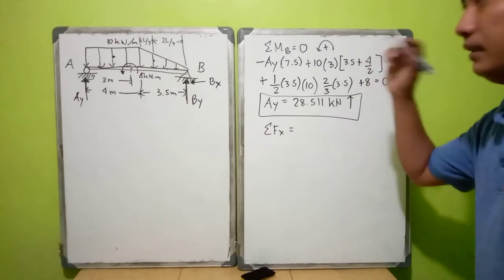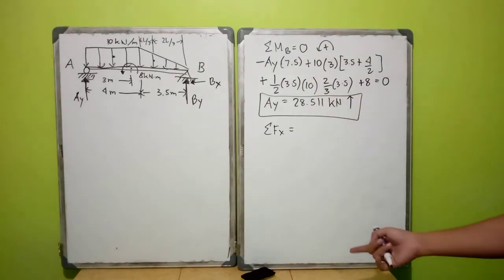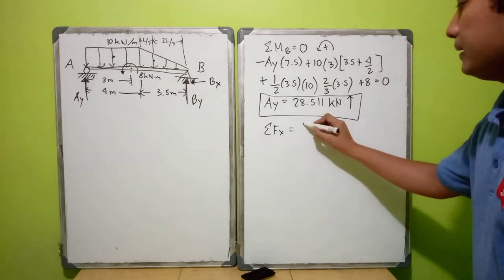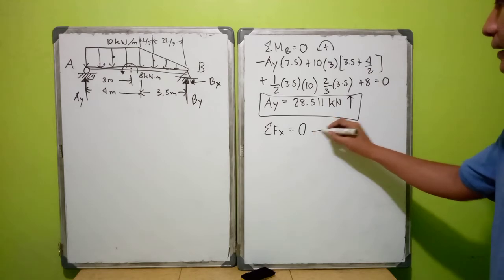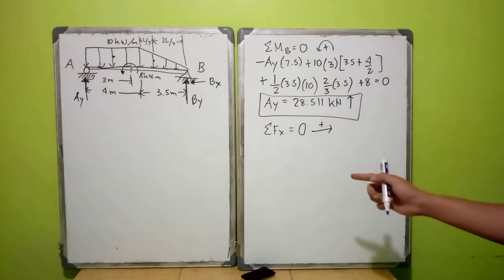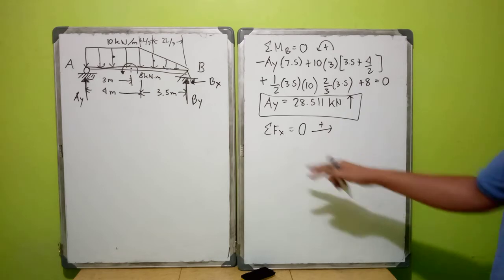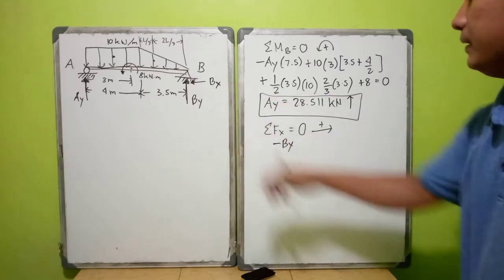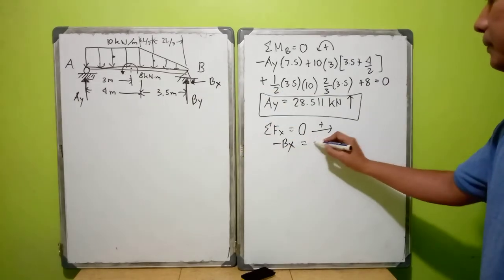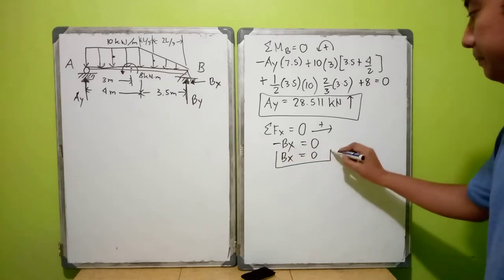Sum of moments equals 0, so we have the sum of forces x and y. Let us start with x. Summation of forces x is equal to 0. Let us say to the right as positive. So we have negative BX, because it is going to the left. So negative BX equals 0, therefore BX is equal to 0.